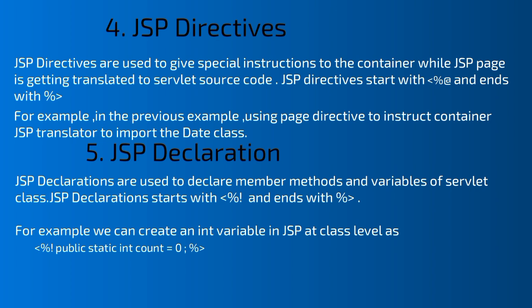Then JSP declaration. JSP declarations are used to declare member methods and variables of the servlet class. JSP declarations start with open tag <%! and end with %> close tag. For example, we can create an int variable in JSP at class level as open tag <%! public static int count = 0; %> close tag.